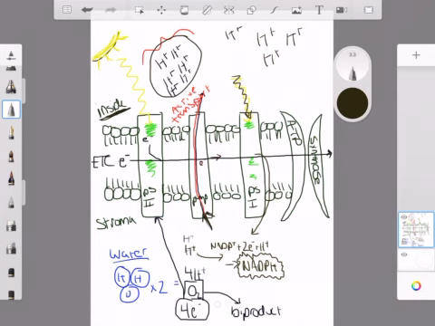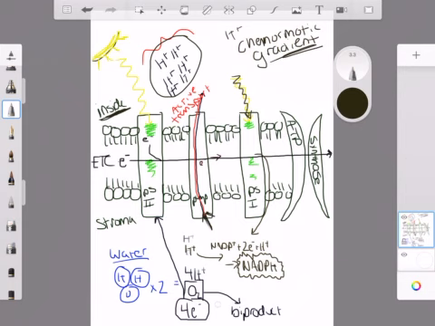So let's erase a couple of these so we can write that down. Chemoosmotic gradient. This is a very important term to be familiar with.